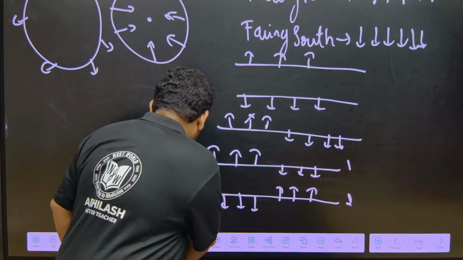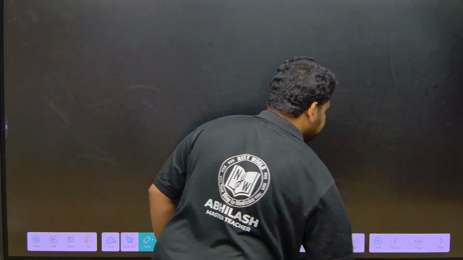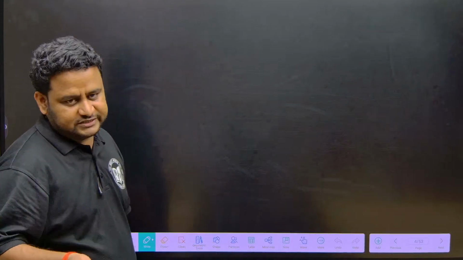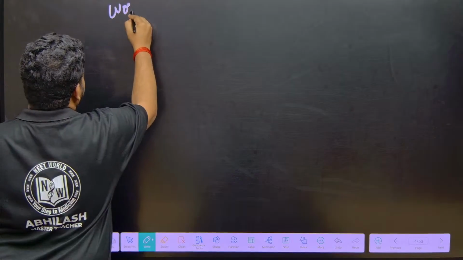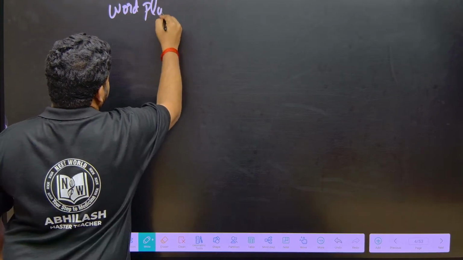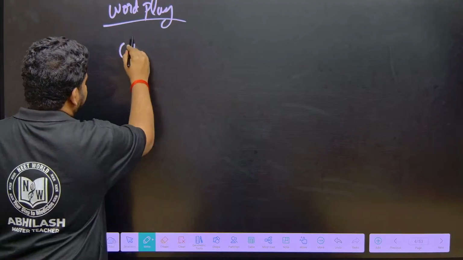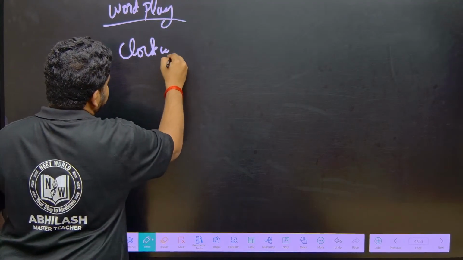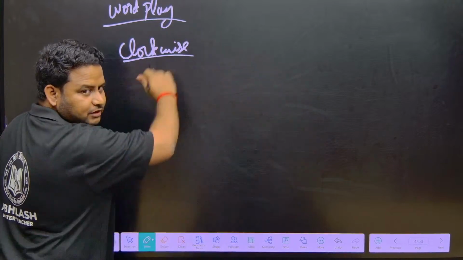Now, the next important concept is clockwise. This is wordplay. Instead of saying right side, they will say clockwise. If I am facing towards the north, or facing towards the board, clockwise is what? The clock will go like this, correct?